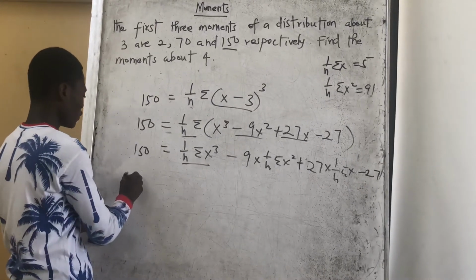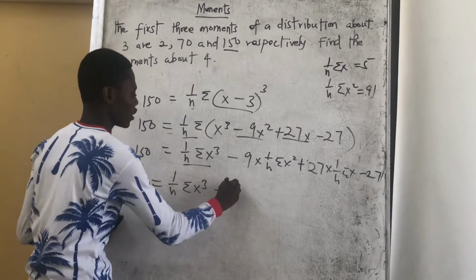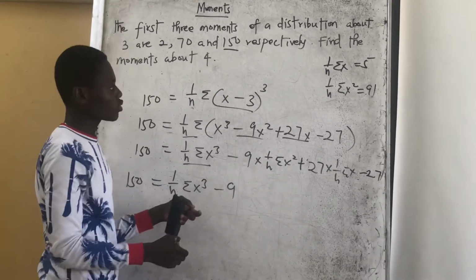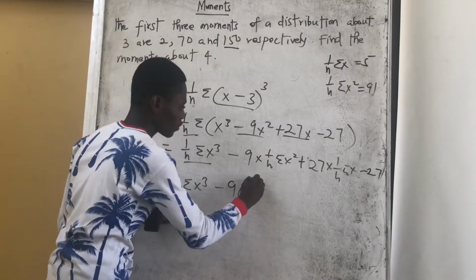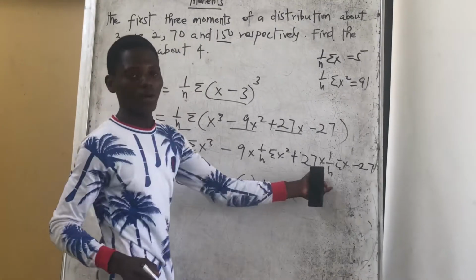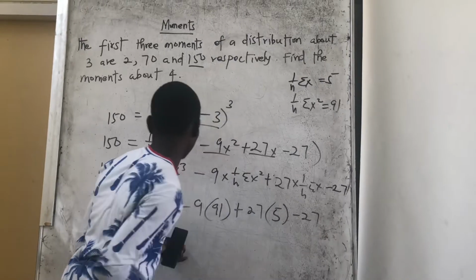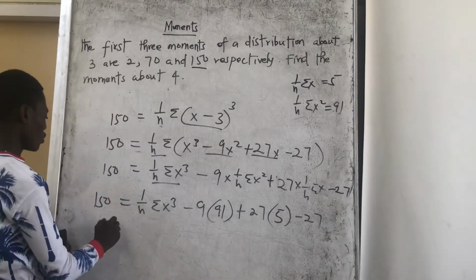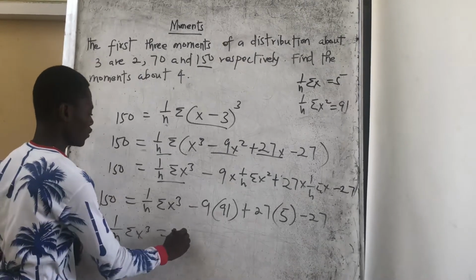So 150 is equal to 1 over n sigma x cubed minus 9 times 1 over n sigma x squared, which is calculated as 91, times 91 plus 27, then 1 over n sigma x will be calculated as 5, minus 27. Okay, so 1 over n sigma x cubed is equal to 150.